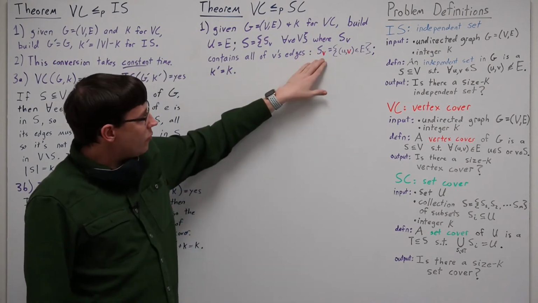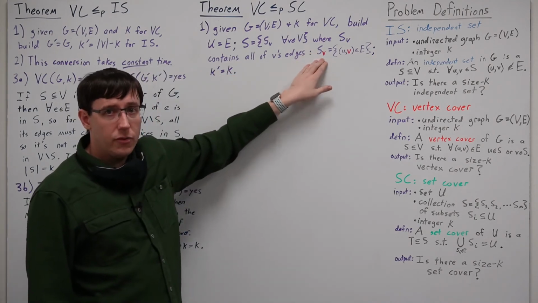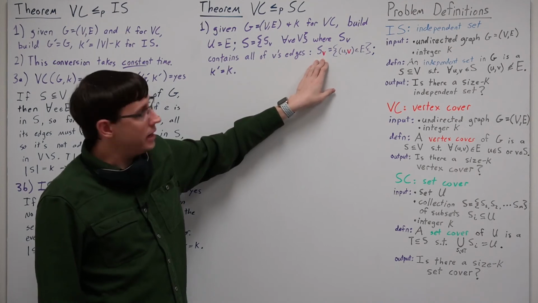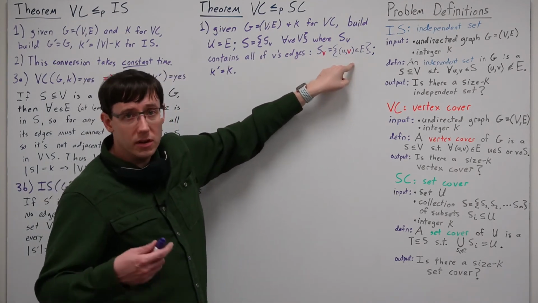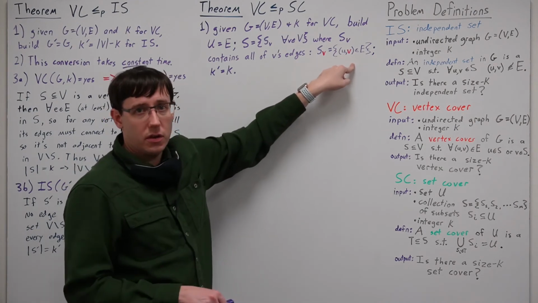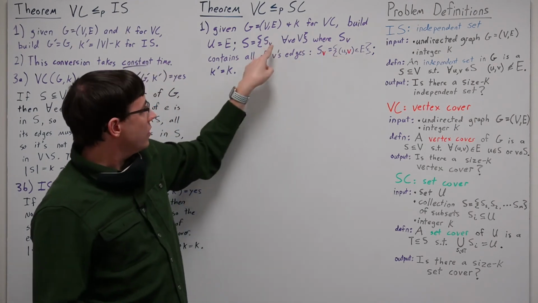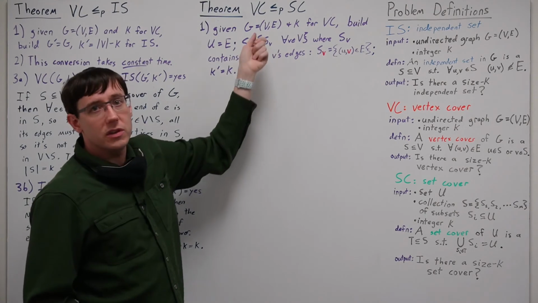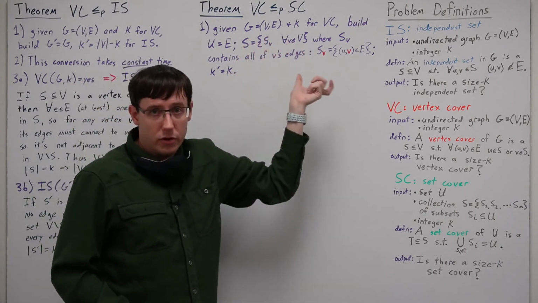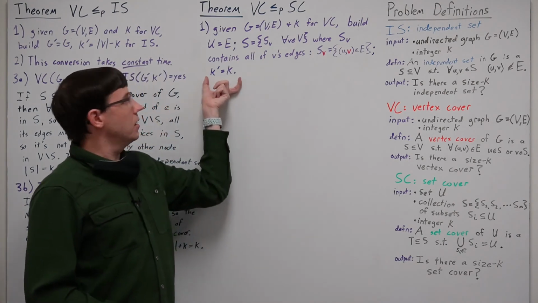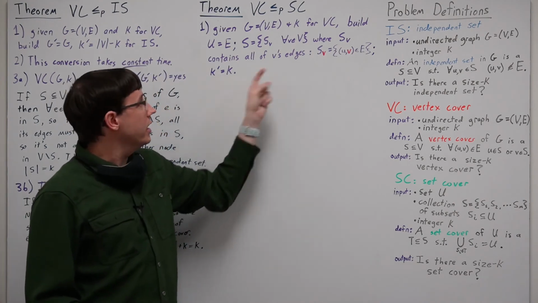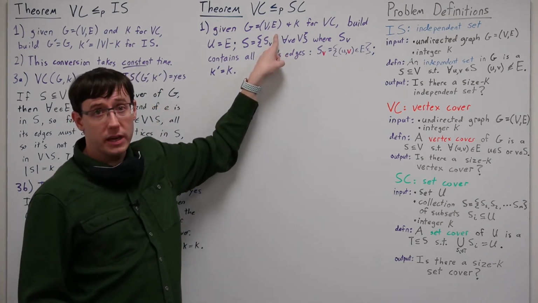Then for every vertex in the graph, we define a subset, which is all of the edges incident on that vertex. And then our collection of subsets is the subset for every vertex. And we are looking for a set cover of the same size as the vertex cover we were seeking in the graph.